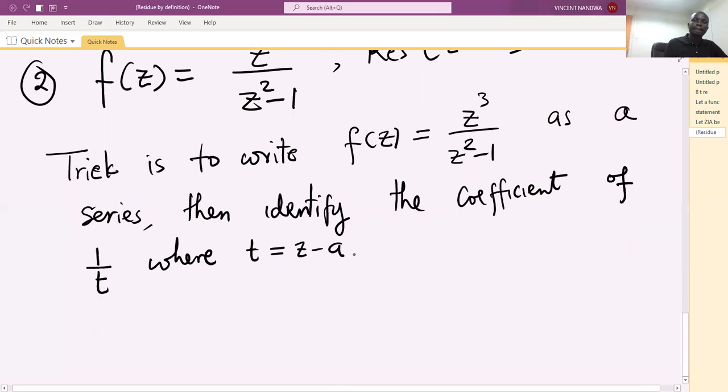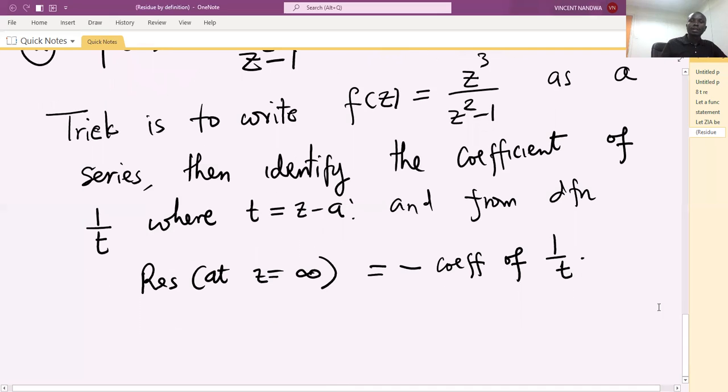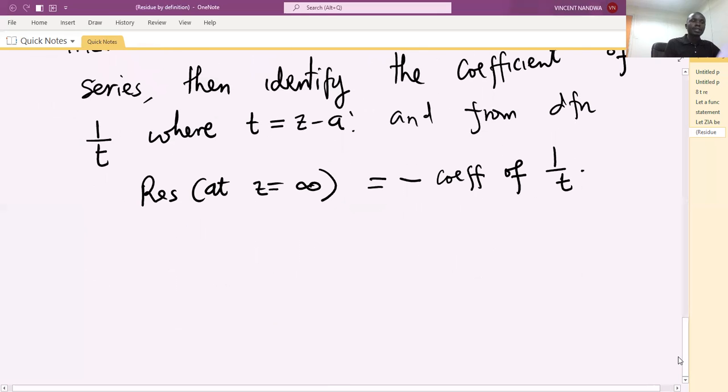And from definition, the residue at z = infinity is given by the negative of the coefficient of 1/t. So let's discuss that.